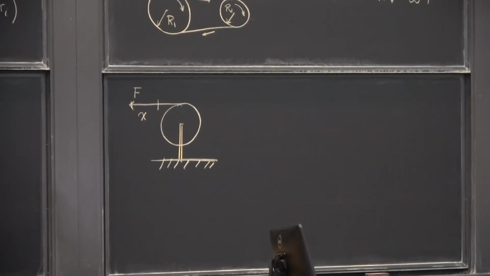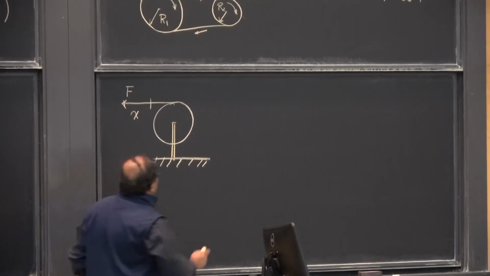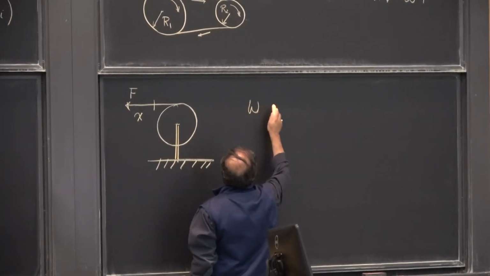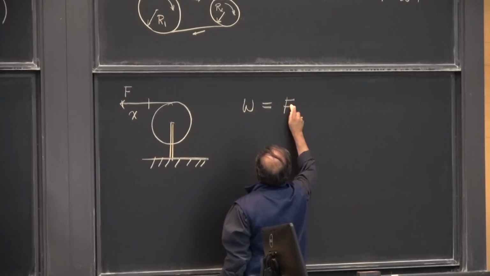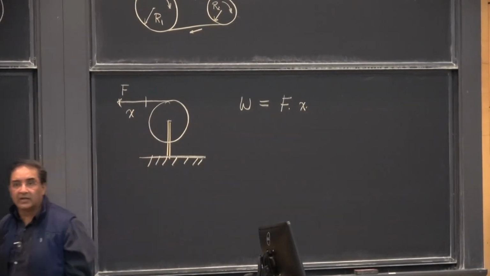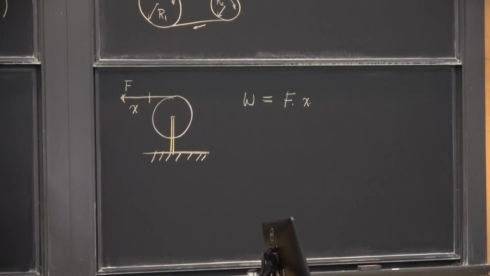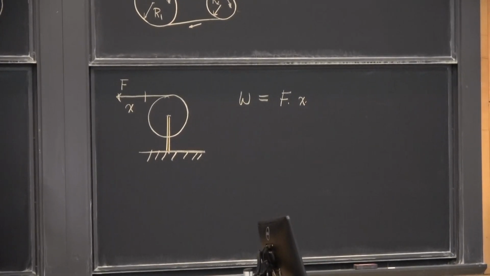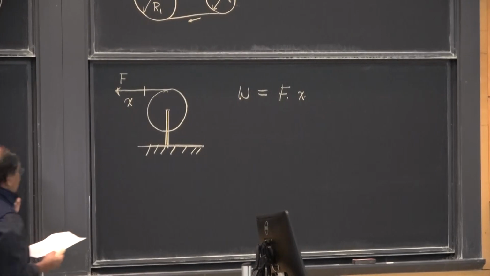One of the things that you immediately see is that the work done W is force times distance, F times x. Force is that way, displacement is that way. It's a cosine of 0. I don't really have to worry about multiplying with signs and so on.